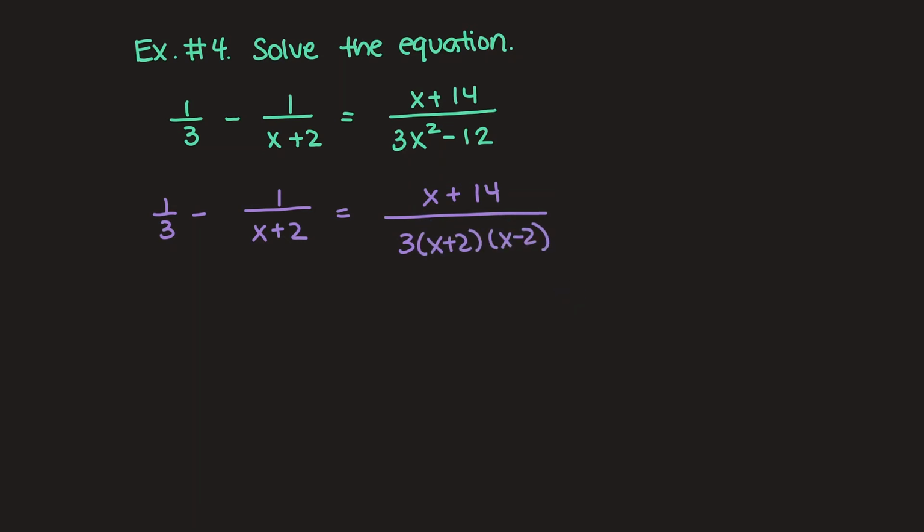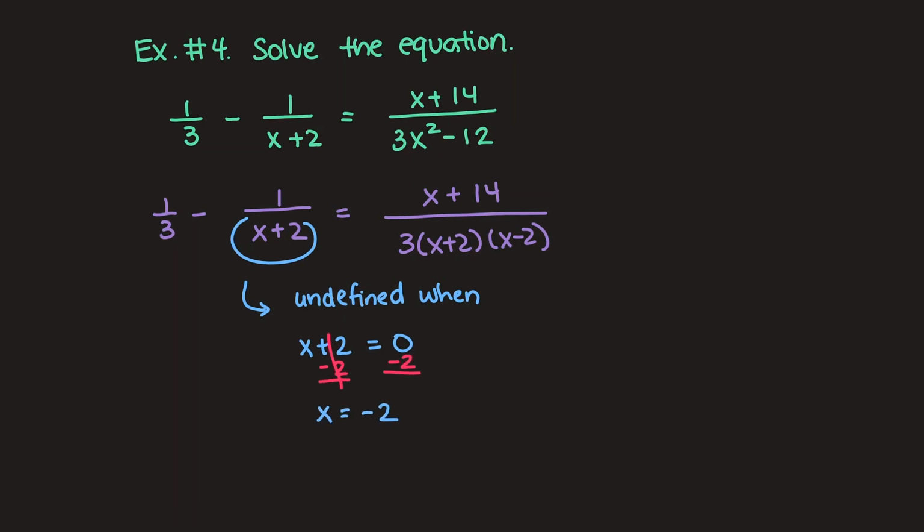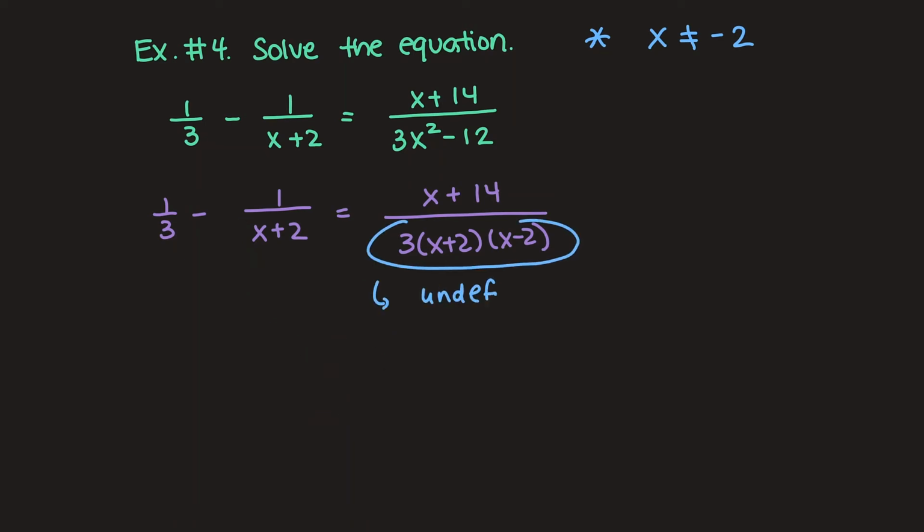So now we have our x variable in the denominator of this expression and this expression. The expression will be undefined when the denominator, x plus 2, equals 0, which will be when x equals -2. So we make a note that our solution for x cannot equal -2. And the other expression will be undefined when the denominator equals 0.